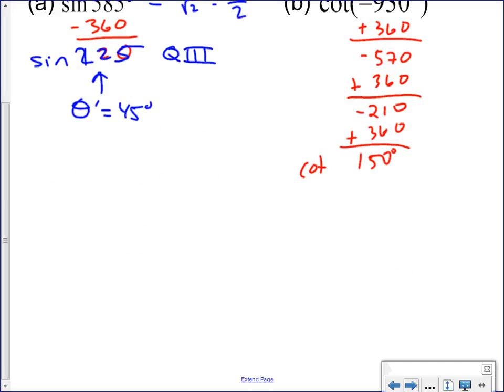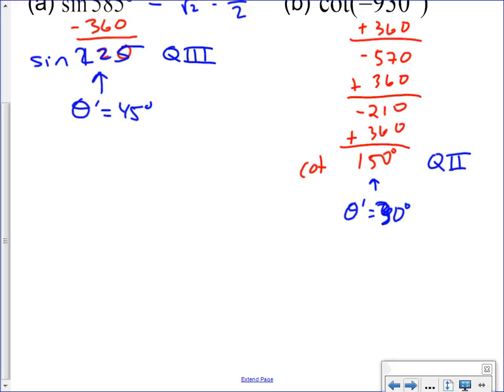So we're just looking for the cotangent of 150. 150 is in quadrant 2, so cotangent is going to be negative. Very good. The reference angle is 30. 180 minus 150 is 30. So cotangent at 30.